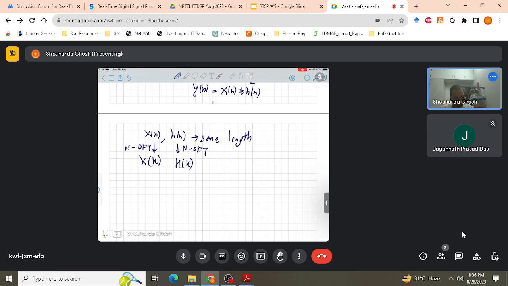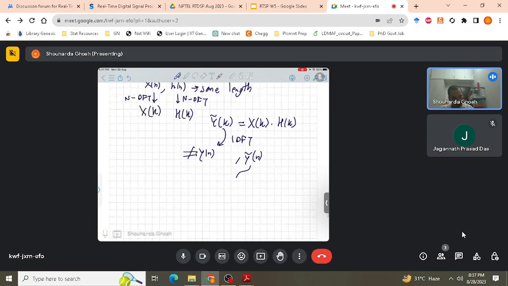And let's say I get something by multiplying them, Yk equals Xk into Hk. But then when you take its IDFT, you don't get yn back. What you get is something else, and that something else is called circular convolution.